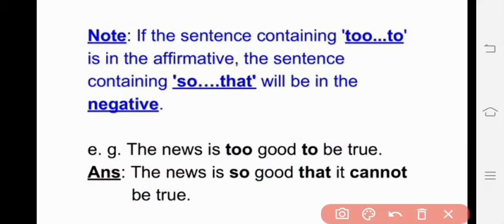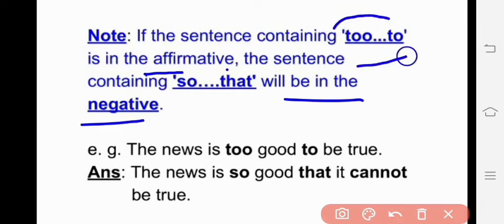An important thing to remember: if the sentence containing to is affirmative, meaning a positive statement, the sentence containing so that will be negative. If the sentence containing to is given in a positive aspect, meaning words like no, never, not are not used with to, then you must apply no, not, cannot, or with can and could, cannot, could not, by using so that.